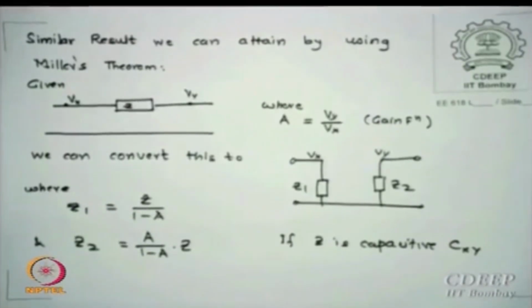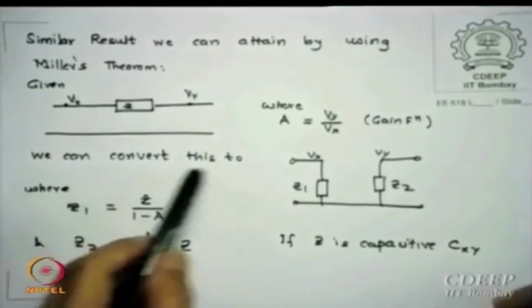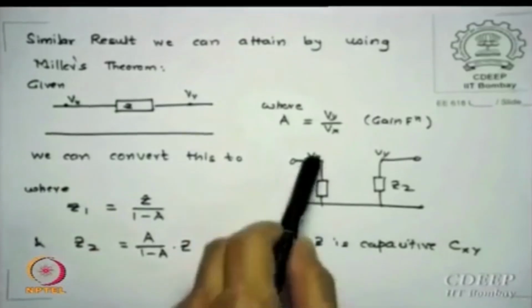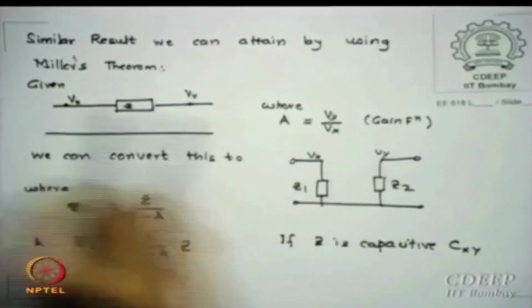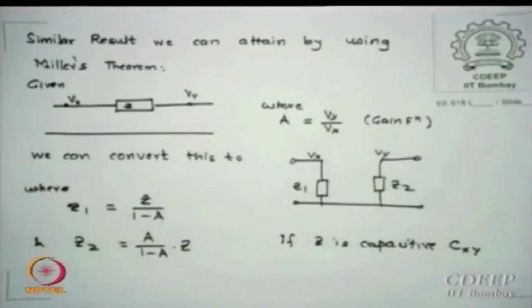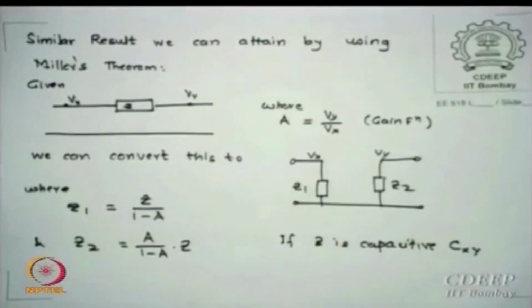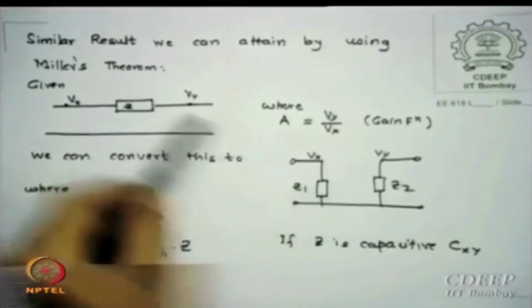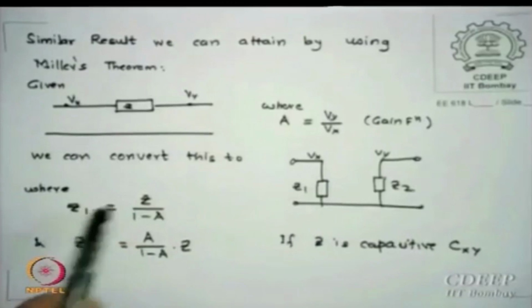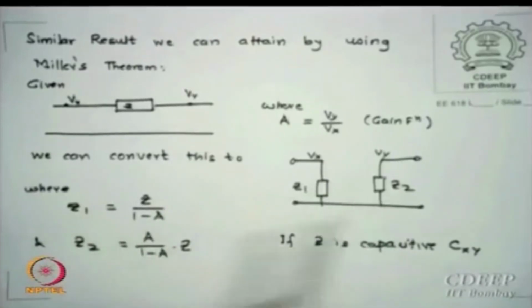A is Vy by Vx, is that clear to you? Then we can convert this, this was a lateral one, I can break into two parallel impedances Z1 and Z2, which still have the same potentials Vx and Vy, provided we do equivalence of this. Then Z1 is Z upon 1 minus A and Z2 is A upon A minus 1 into Z.